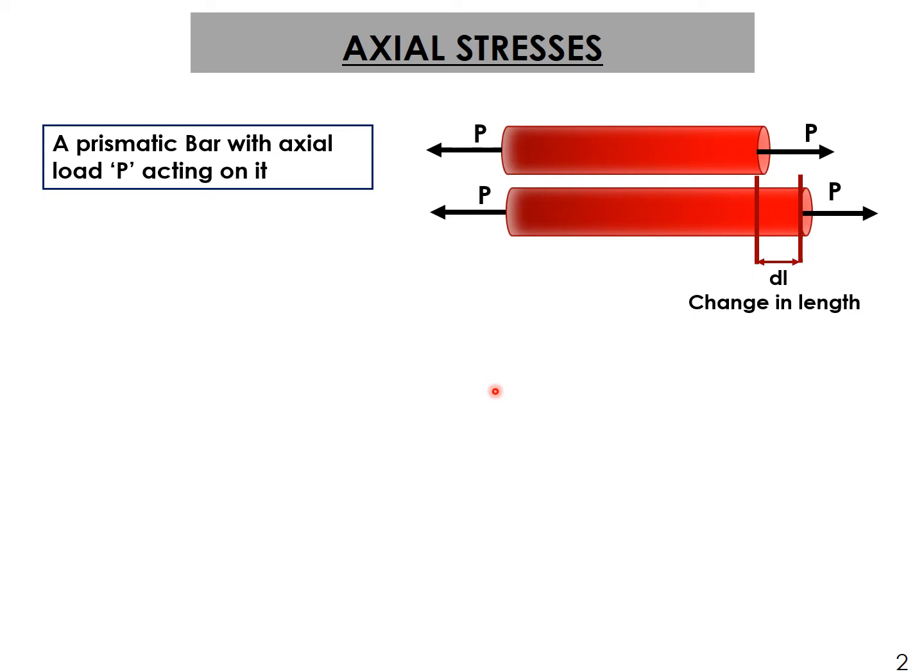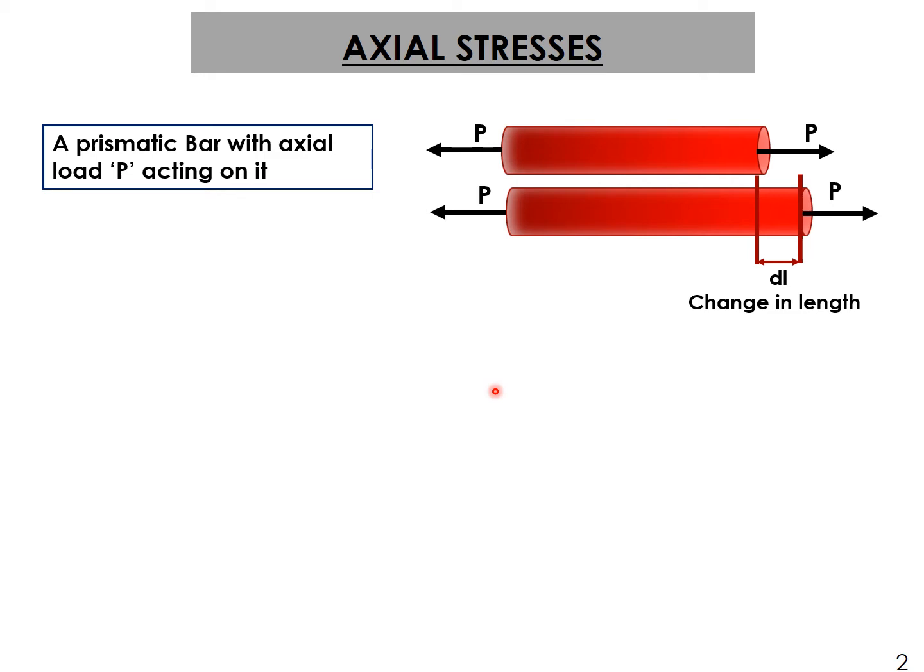So how to determine this change in the length? In this case, as we already know, this change in the length or change in the dimension is very much influenced by, one, the applied load, then certainly the length of the material, the cross-sectional area of the material, and also the material property, that is the Young's modulus or modulus of elasticity.